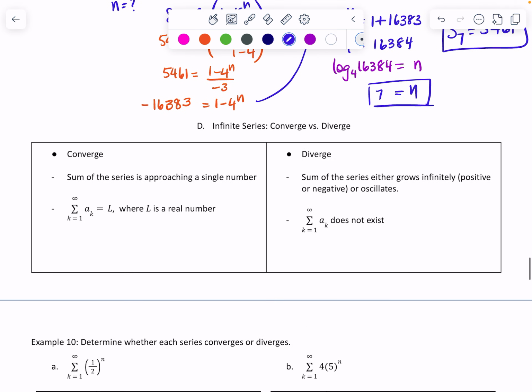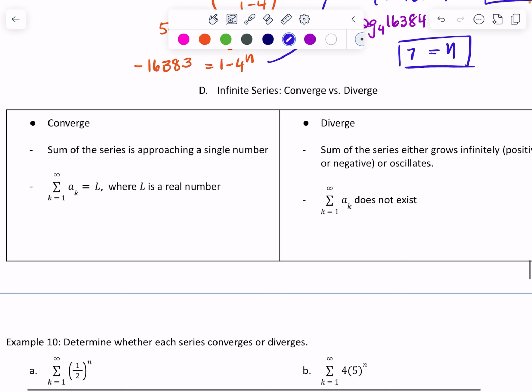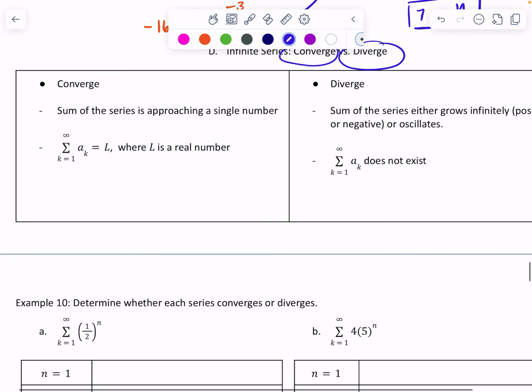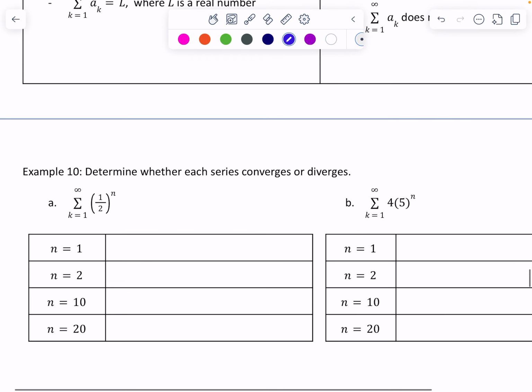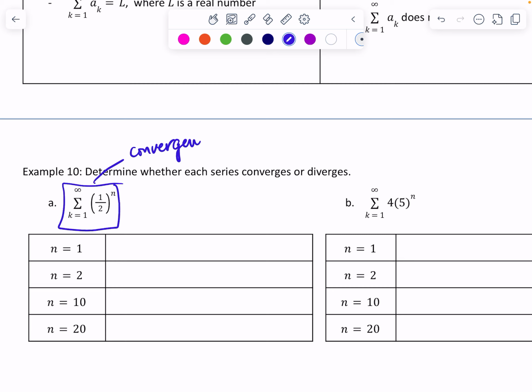So that's that. Then another topic here is trying to figure out if a series is a convergent or a divergent series. Jumping straight to it, this is an example of a convergent series. What that means is that the sum of the numbers of this series, which would be first half, 1/4, 1/8, 1/16, plus 1/32, and so on, is interesting: all these will add to a number that approaches 1.